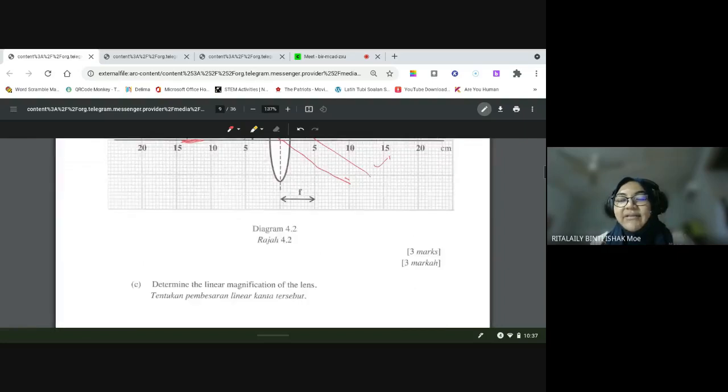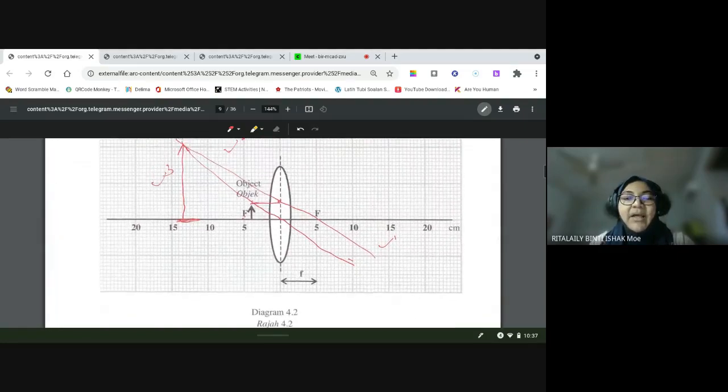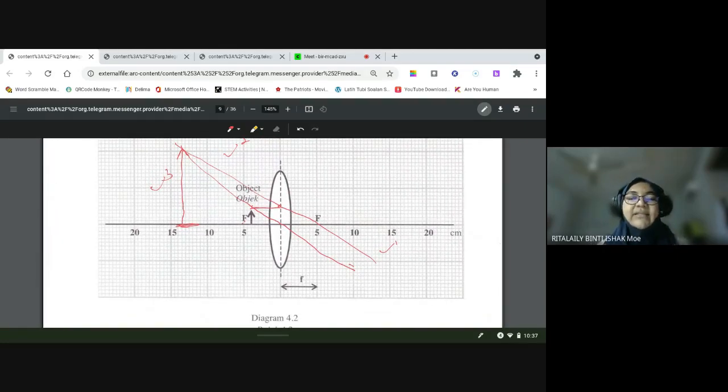Okay, untuk yang ini, kalau kita lukis betul-betul ikut gambar rajah yang tepat guna pembaris, awak akan dapati image terbentuk di sini. Okay, tapi sebab saya tak guna pembaris, jadi lukisan dia tak tepat.